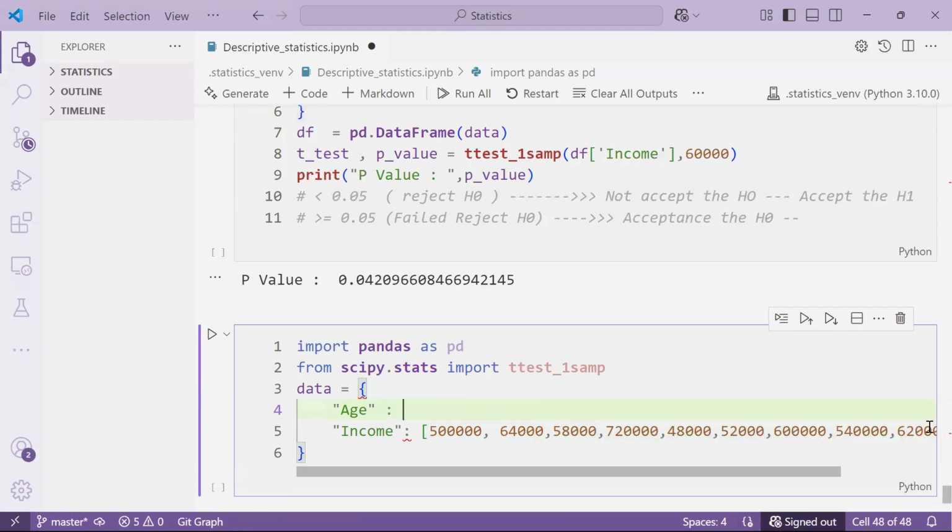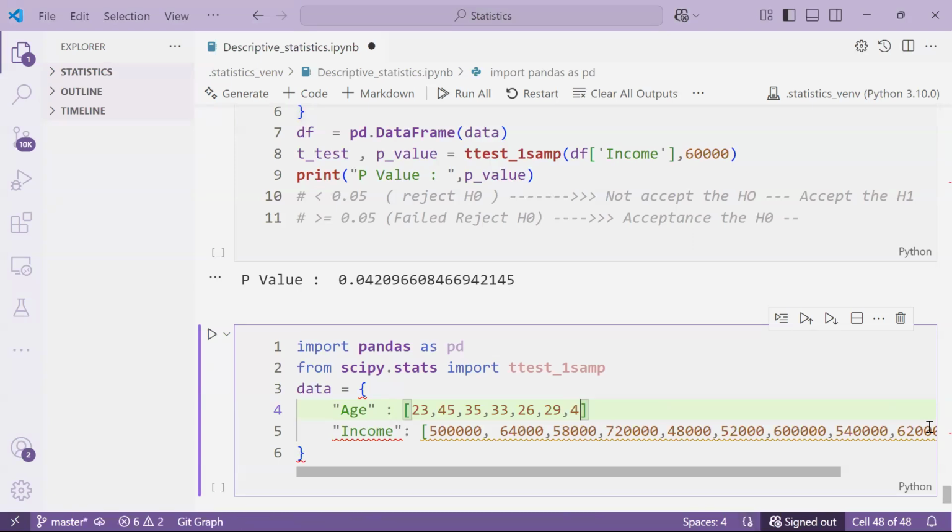Give it some values for ages: 23, 45, 33, 35, 33, 26, 29, 40, 32, 38 and 30.